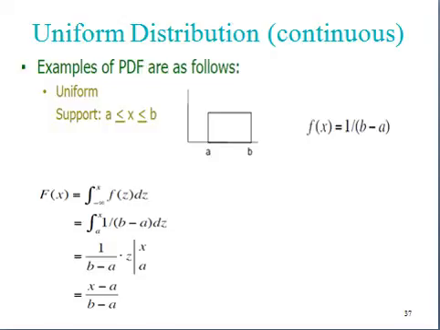This is a uniform distribution. It's a continuous distribution. The PDF is here. Once you integrate it from minus infinity to x, this is my CDF. You need to know that when we are integrating it, we replace minus infinity with the lower bound of this distribution, so we are replacing minus infinity with a.